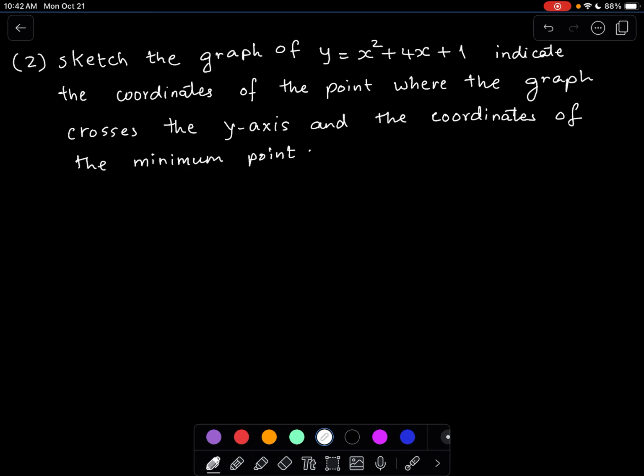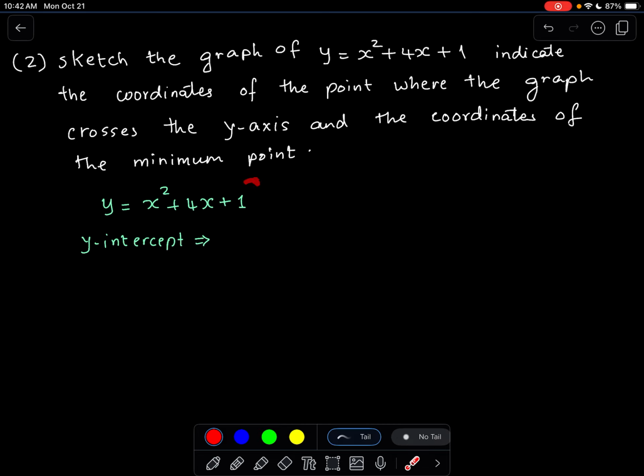So let us begin. So we are having y equal to x squared plus 4x plus 1. We know the y-intercept clearly from the question. The y-intercept is going to be 0, 1. And now let us complete the square. So we're going to take half of the middle number.